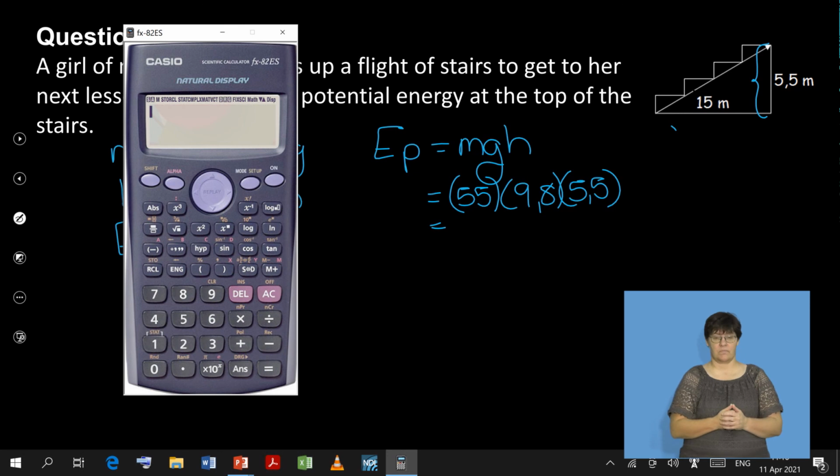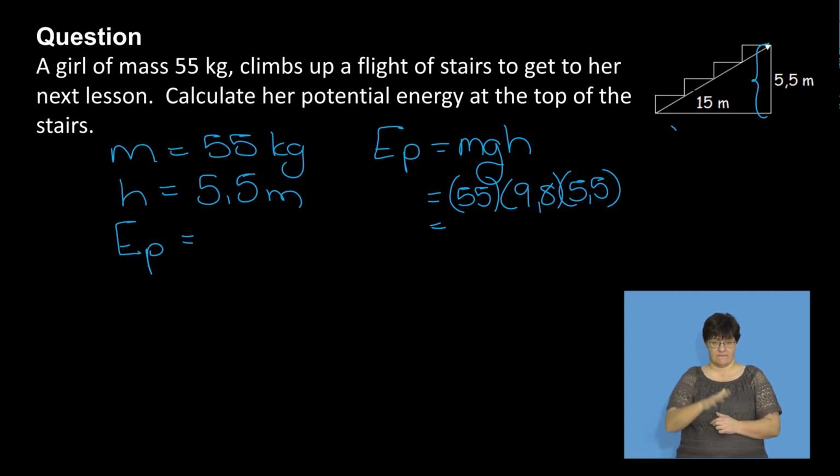So let's do this. We've got 55 times 9.8 times 5.5, and we get 2,964.5.